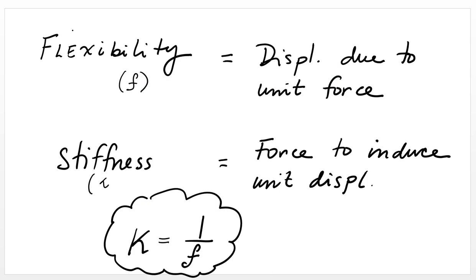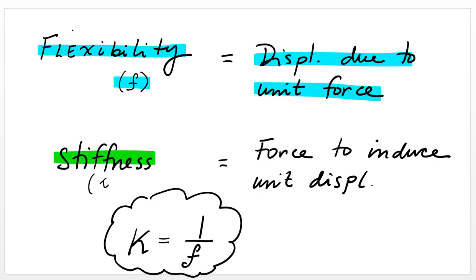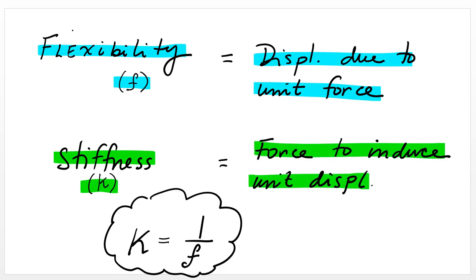How does this relate to a concept that we've already seen before, which is flexibility? So the flexibility, as you may remember, is the displacement due to a unit force. The stiffness, on the other hand, is the force needed to induce a unit displacement.